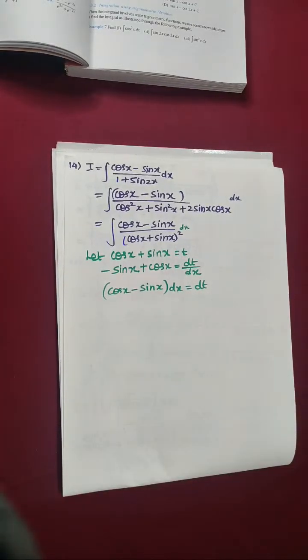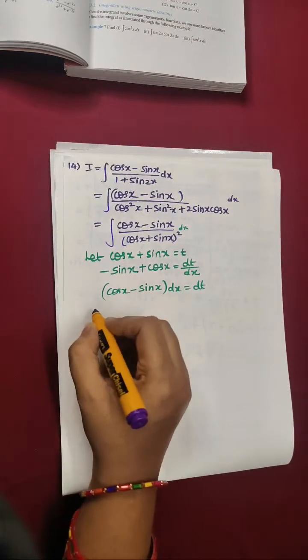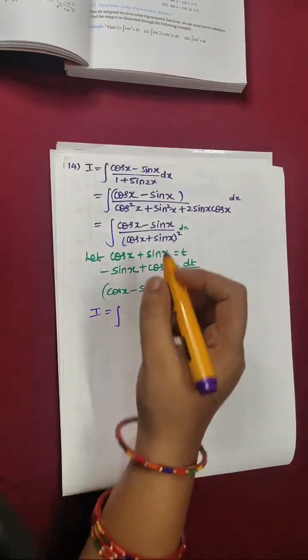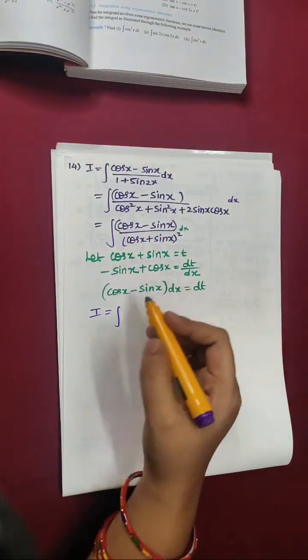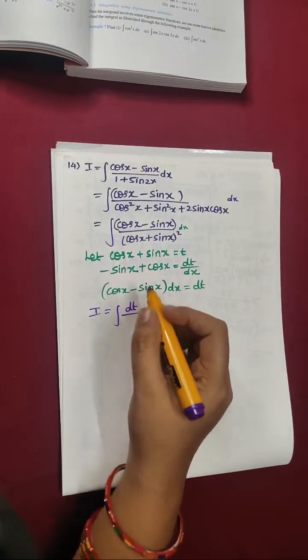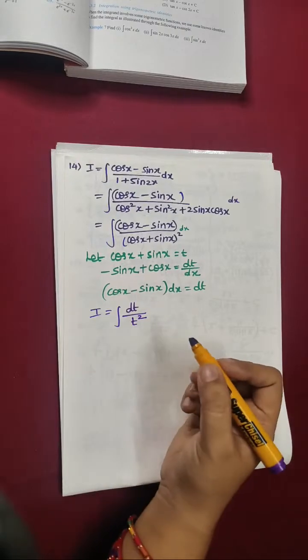And now we are replacing in the given question, as we have used the substitution method. So I is equal to, in place of cos x minus sin x dx, we found it as dt, and in place of cos x plus sin x we have taken it as t, and you have it in power.